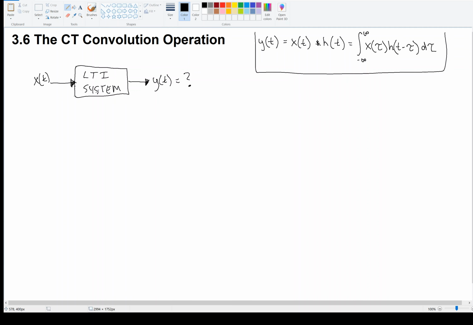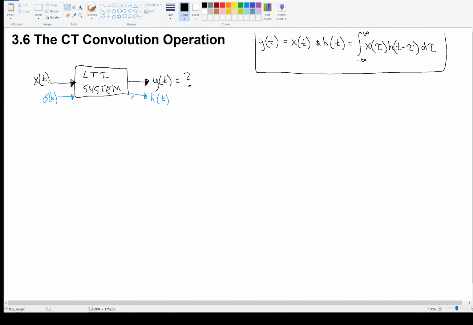I'm not going to analyze an acoustic system. It turns out all I need to know, other than the system is linear time invariant, is how it responds to this little tiny disturbance, the impulse. How does it respond to the impulse? We call that the impulse response h of t.